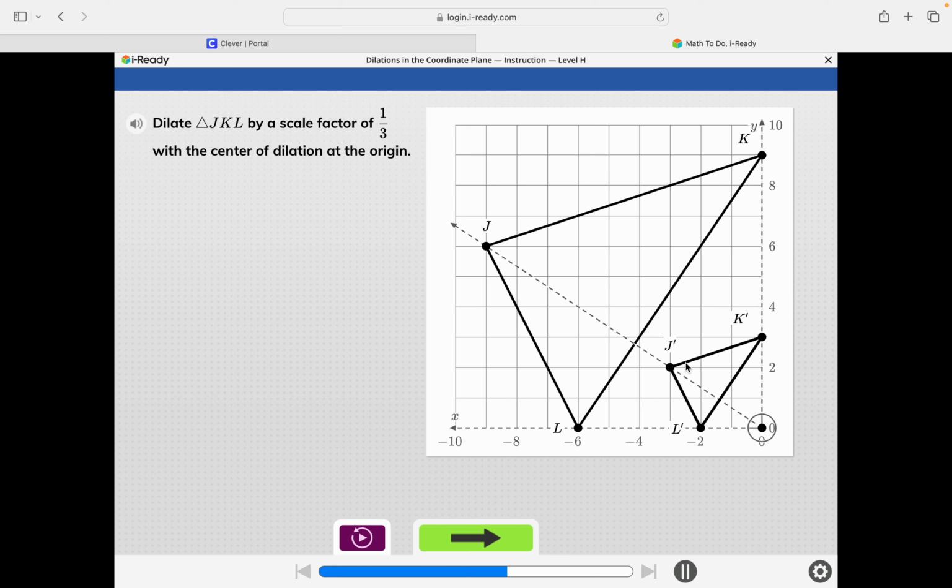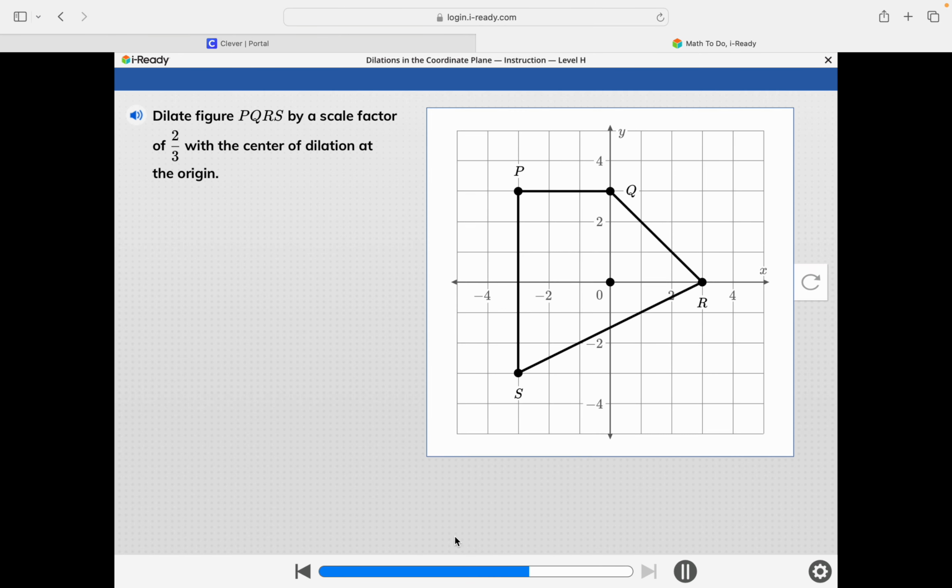Not a half. It is 1/3 part. Out of 3 parts, we divide this whole image into 3 parts and we make only 1 part out of 3. So 1/3 part will be the J prime, K prime, and L prime triangle. That's correct.